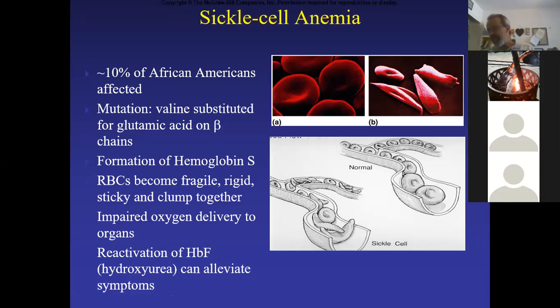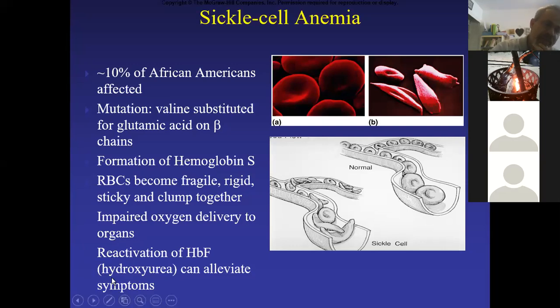Fortunately, and I'm not sure if this is useful in all people who have sickle cell, there's a treatment known as fetal hemoglobin treatment, or I should say activation of fetal hemoglobin. There's a drug called hydroxyurea, one of these fortuitous discoveries.